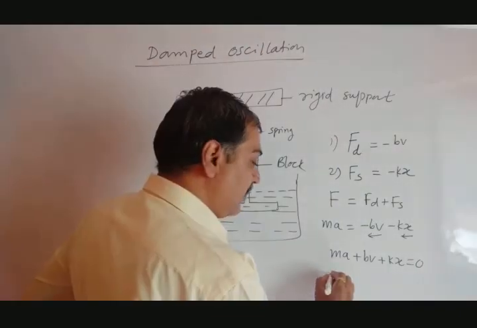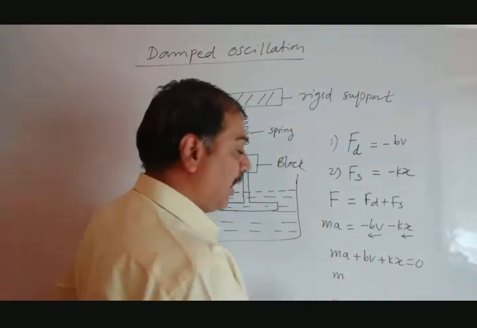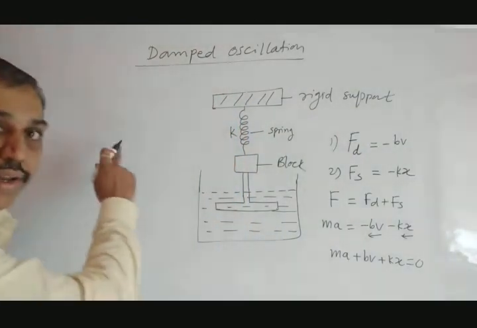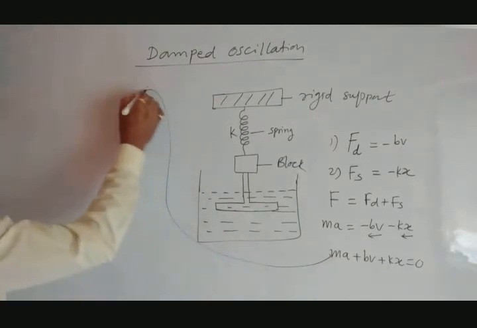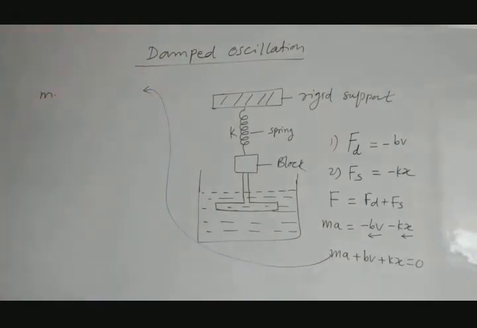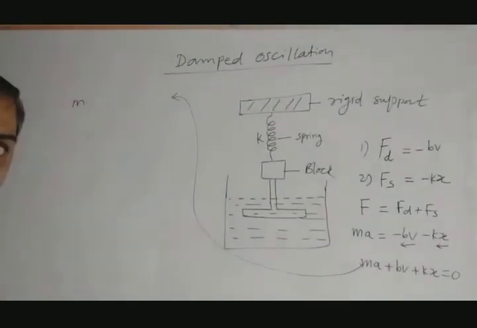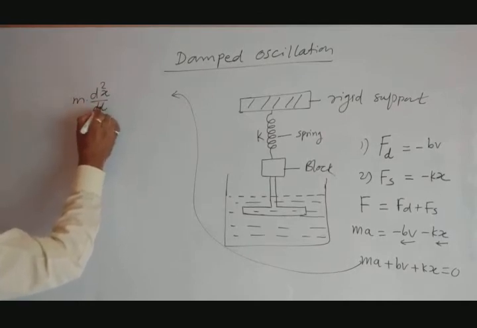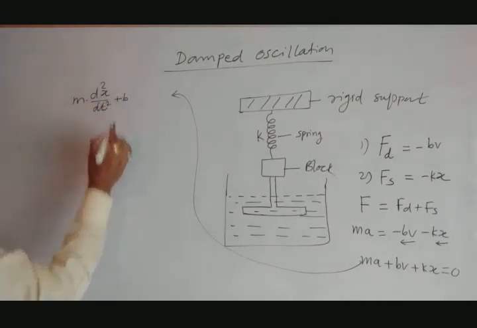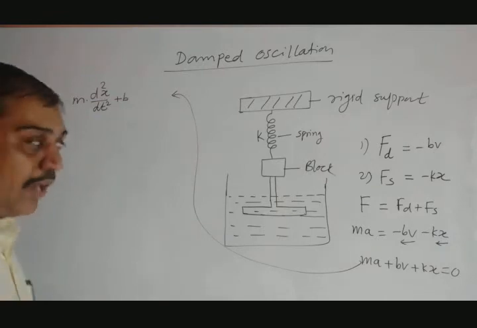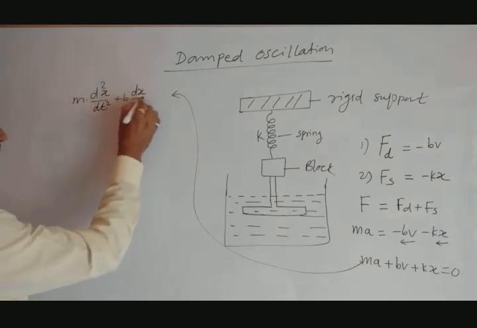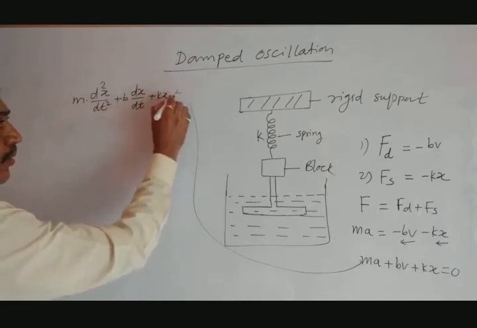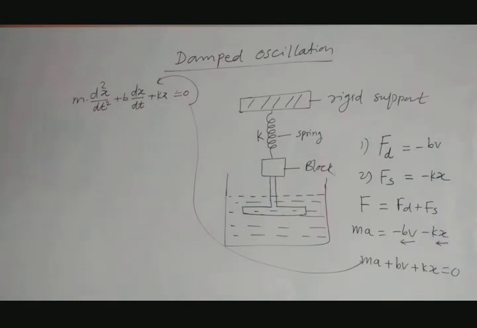So I will write it here. m as it is, A means d2x divided by dt square, plus B as it is, V means velocity, rate of change of displacement, so it is dx by dt, plus kx, and that is equal to 0. So I have written this equation.